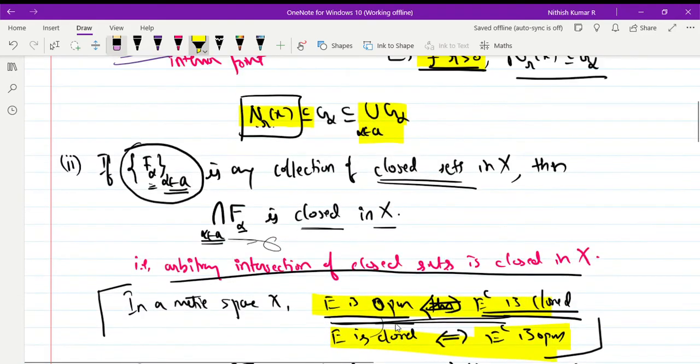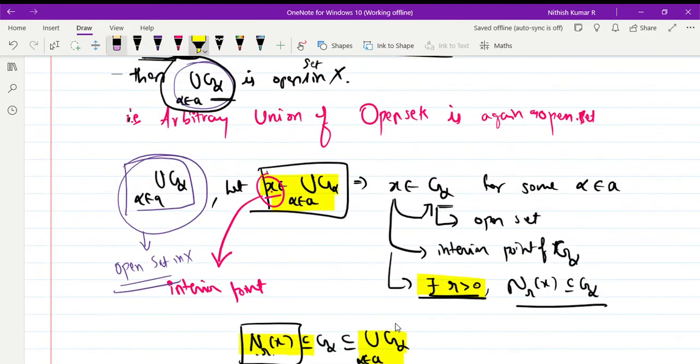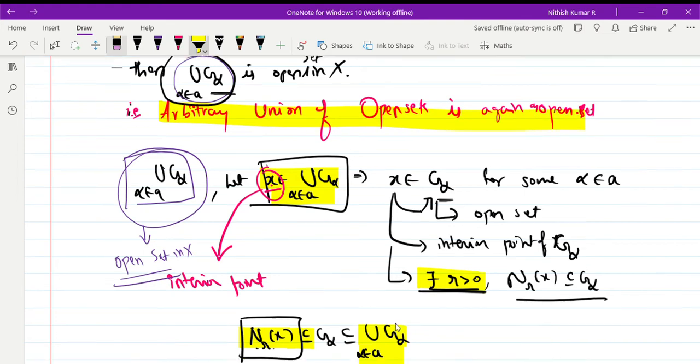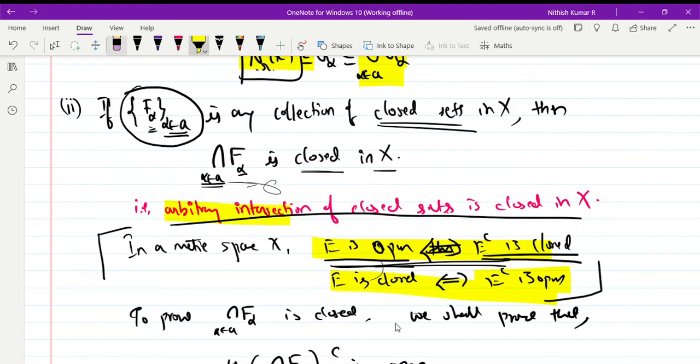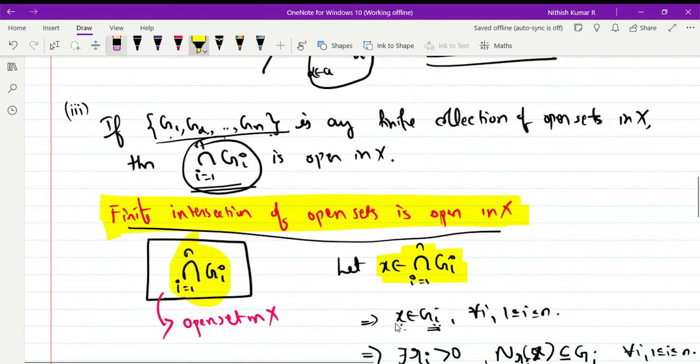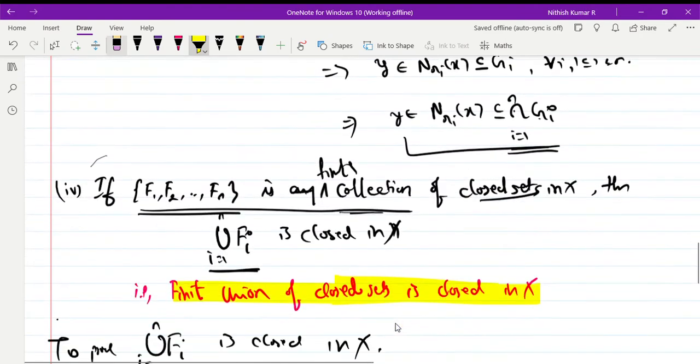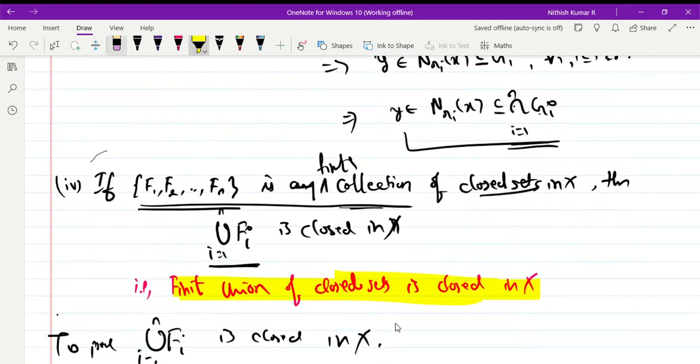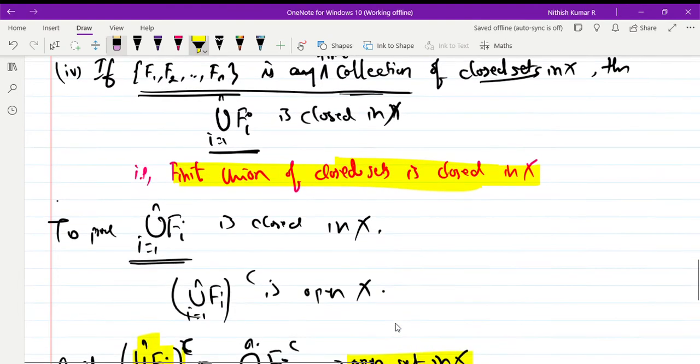The first one says an arbitrary union of open sets is open. The second one says an arbitrary intersection of closed sets is closed. The next one says a finite intersection of open sets is open. The next one says a finite union of closed sets is closed in X.